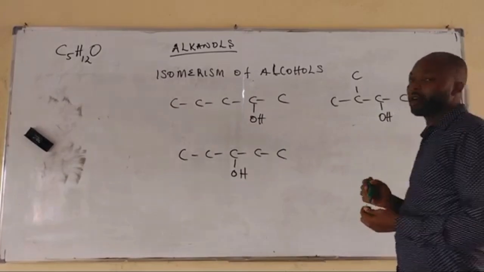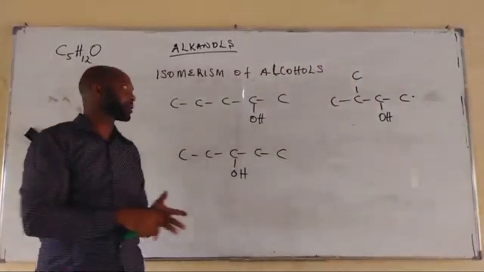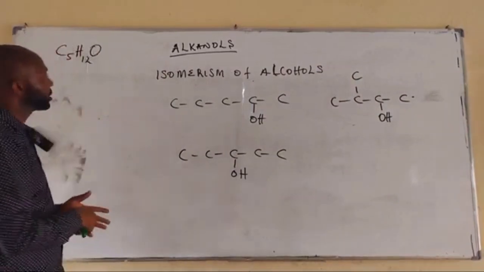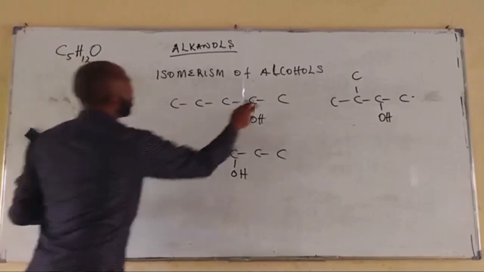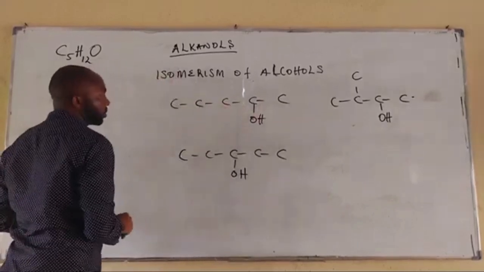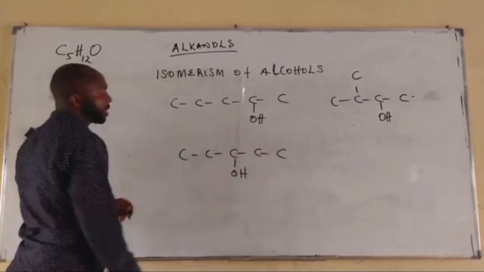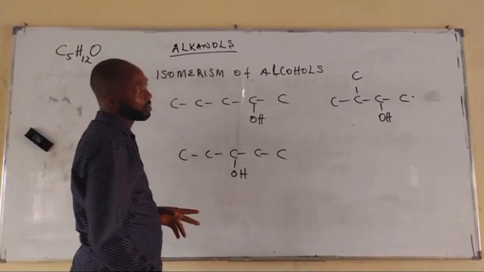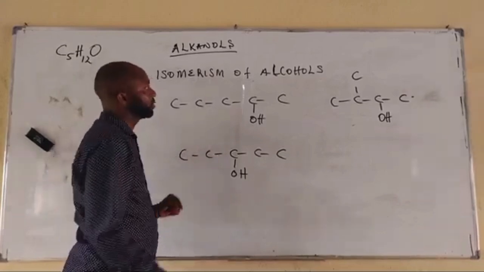They say 3 of them from this. We should give their names. Yes, their structures have been given, but we should give their names. So this is 1, 2, 3, 4, 5. This is 2-pentanol. Yes, this is 3-pentanol. 2-pentanol, 3-pentanol.